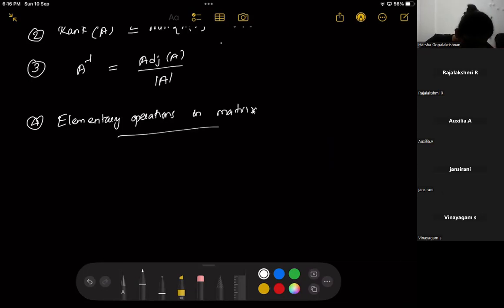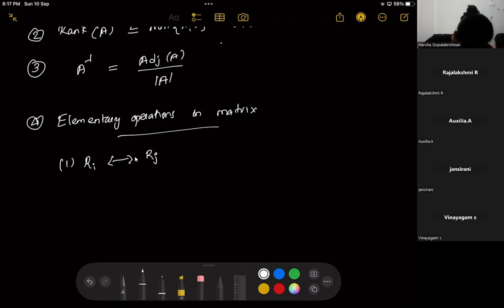So what are all the possible elementary operations? The first one is the ith row and the jth row interchanging. So 1 and 2 interchanging means in the place of first row, the second row is coming, and in the place of second row, the first row is coming. That is what Ri and Rj interchanging means.